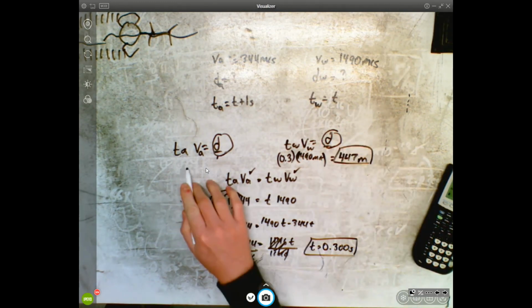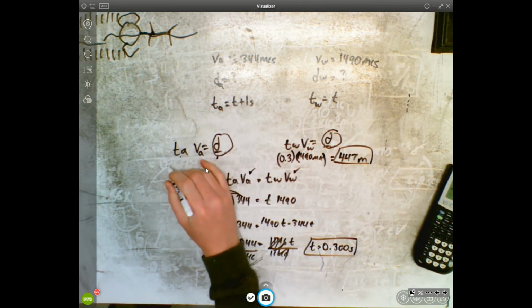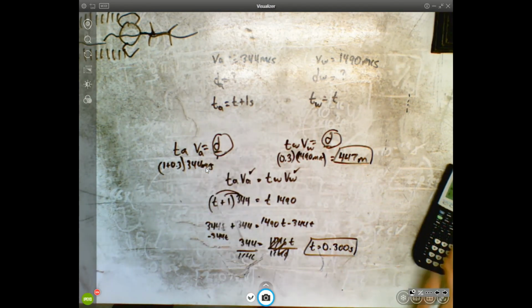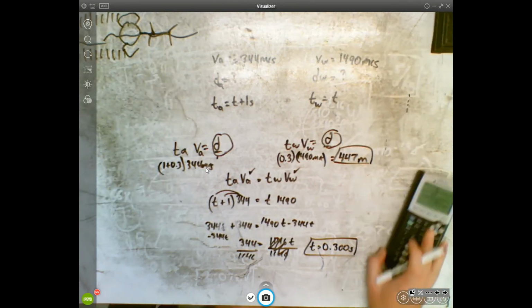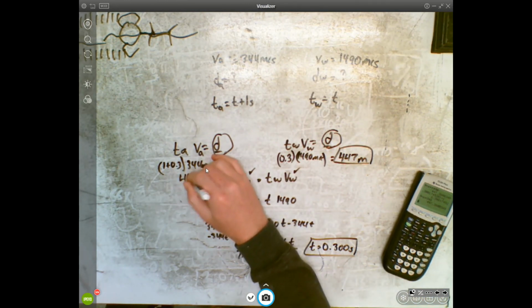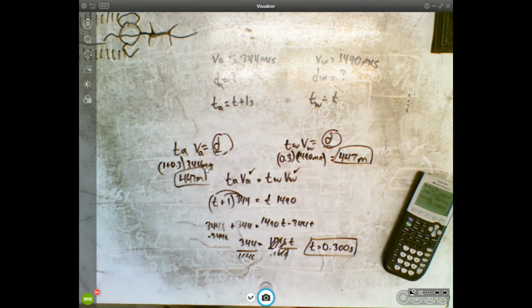Right? And if I did the same thing here, the time in air is going to be 1 plus 0.3 times 344 meters per second. So if I go that 0.3 that I found and add 1 onto it, and multiply it by 344, then I get 447 meters. So either one that I use, I still get 447 meters. Okay.